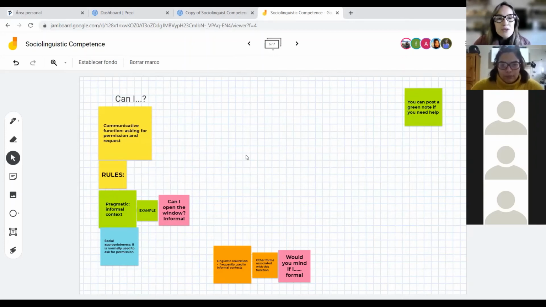Okay, so let's see the rules. What have you done here? You try to analyze each of the rules in isolation, right? That is what you try to do? Yes. Okay, so pragmatic, informal context, okay, do you all agree?